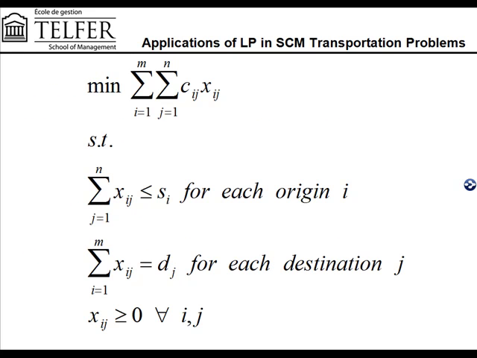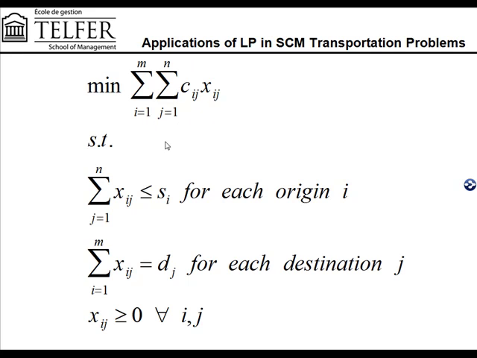So this is what the mathematical expressions look like for your objective function. Your objective function here is to minimize the cost of transportation between supply and demand points. Cost is given as C and the flow is given as X. So what we're saying here is for all i and j, multiply the flow times the cost from i to j, and take the sum of that over the entire transportation grid or the transportation graph.